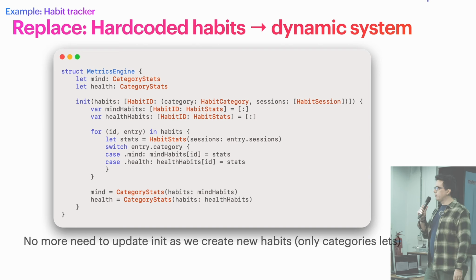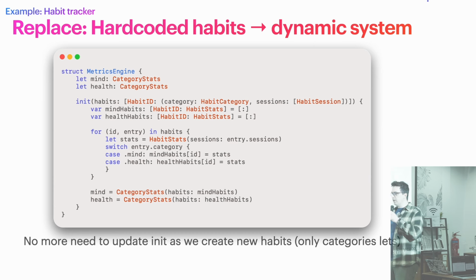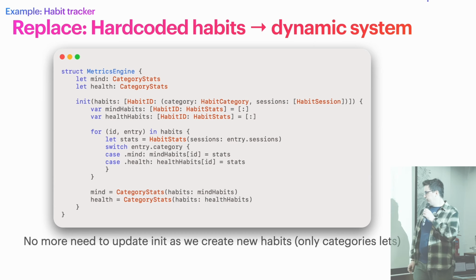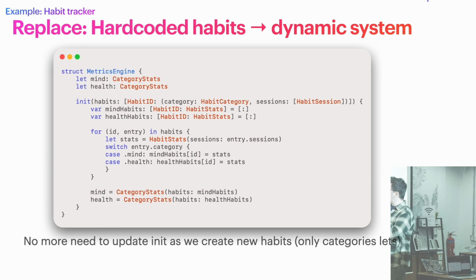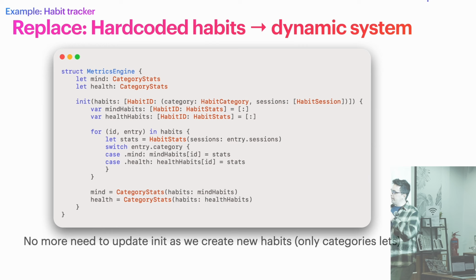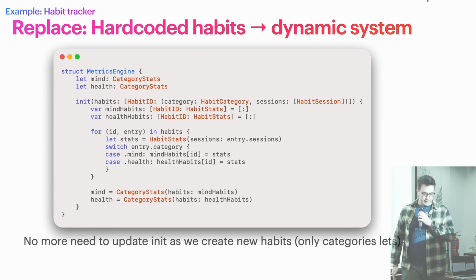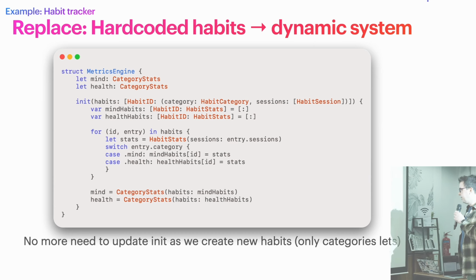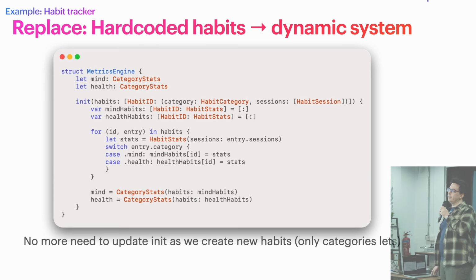So we also need to change our initializer for the matrix engine, so we don't have to touch it anymore in the future. Basically we take the habits and put them in the right category automatically, because we don't have to hard code depending on the habits. Although we still have to maintain the categories in this struct.